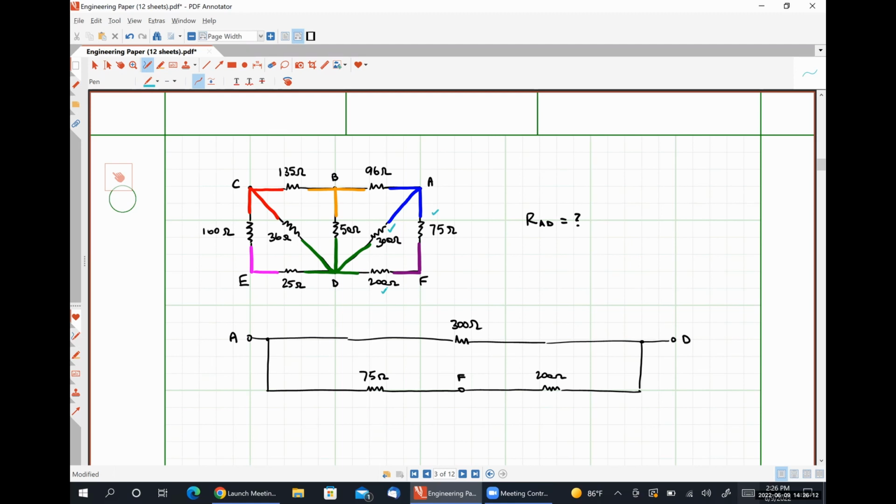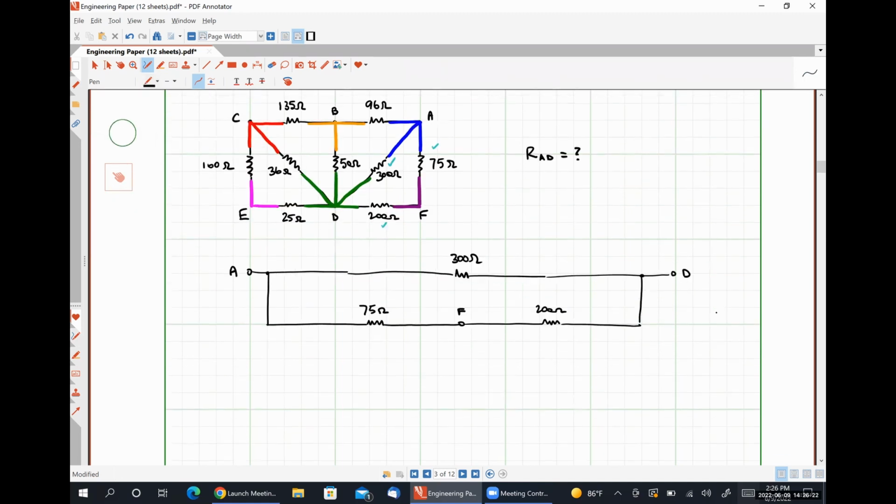Another way that I could go from node A to node D is to go through node B and then to node D. So I'm going to put a node B here in the middle. And I can go from A to B through the 96 ohm resistor.